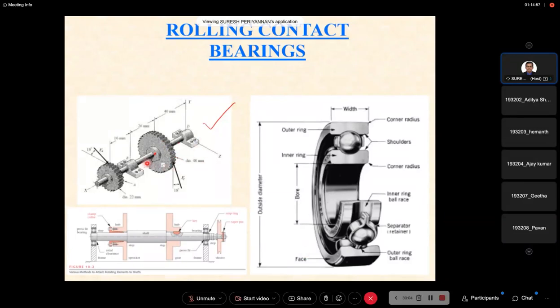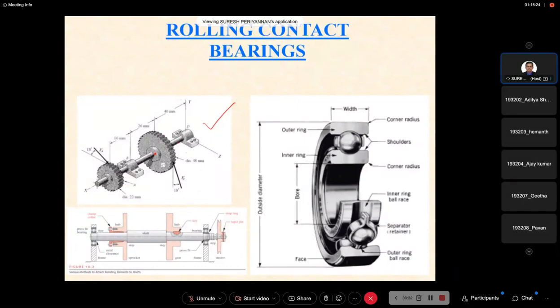I am taking some of these points from the Bhandari book; I have noted them down and taken the hints. The bearings support the shaft or axle and hold them at the correct position. Also, the bearing takes up the forces that act on the shaft or axle and transmits them from one place to another.